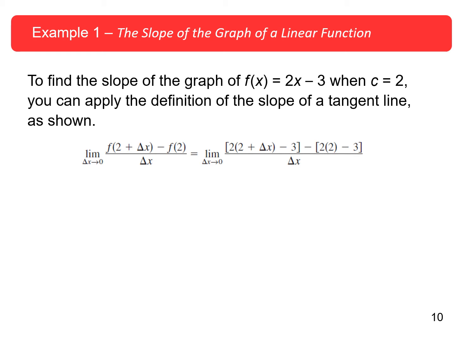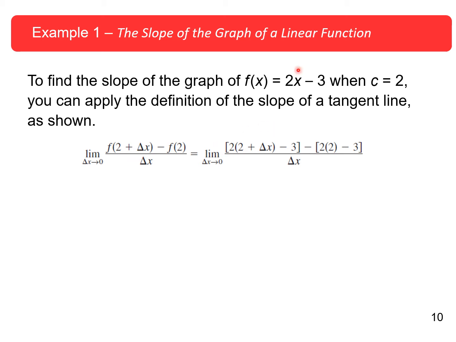Now let's apply that definition to find the slope of the graph of f of x equals 2x minus 3 at x equals 2, or we say that c is equal to 2. So we have our c here, which is equal to 2. We'll just replace it, and then we will replace the x here by 2 plus delta x.